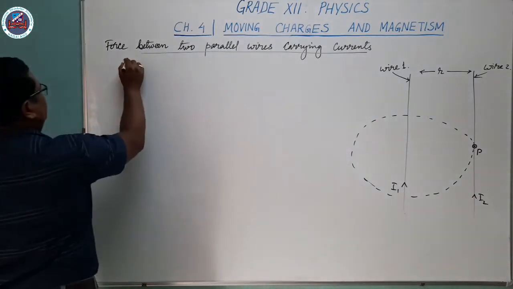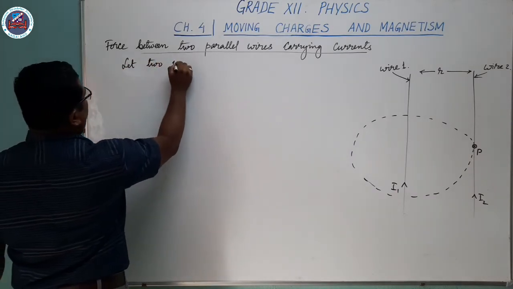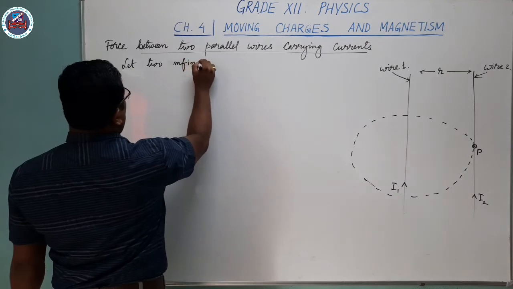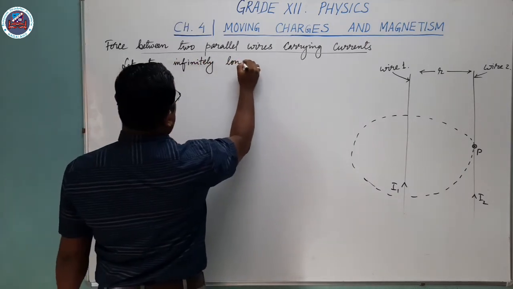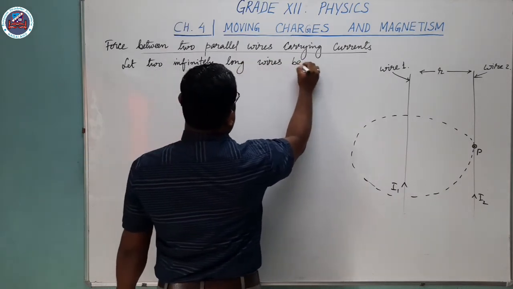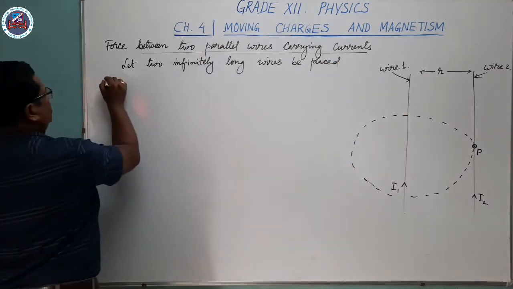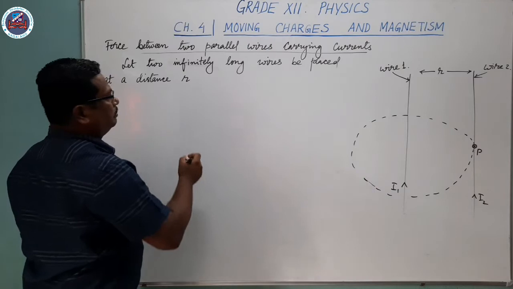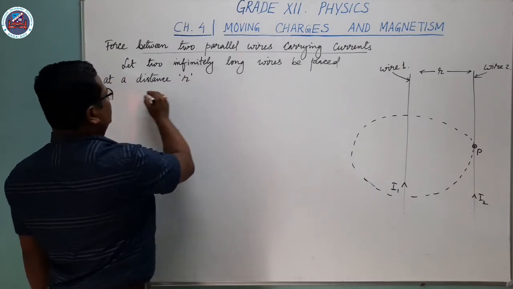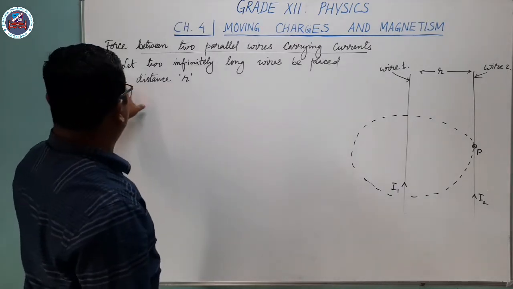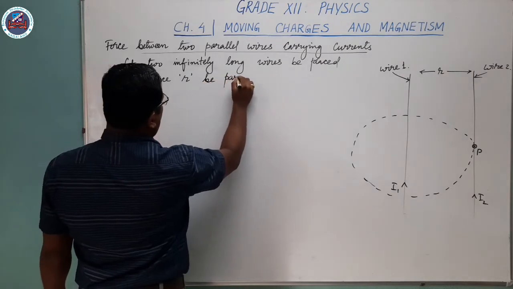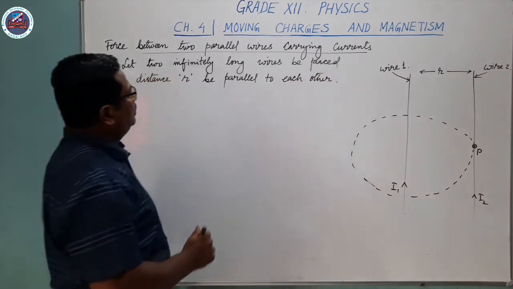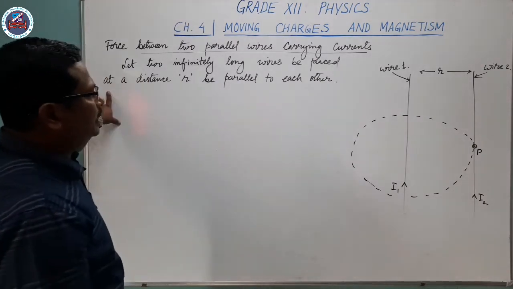Like this, I'll write down: let two infinitely long wires be placed in vacuum at a distance r, parallel to each other.